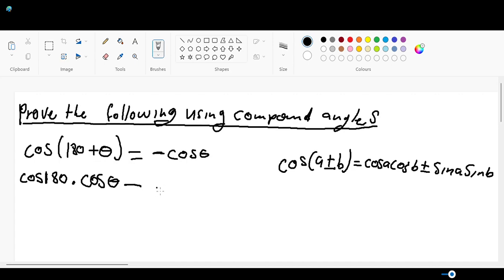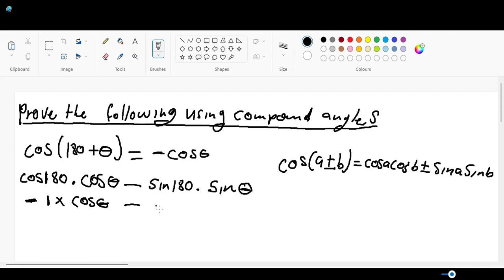Now if you continue, it's going to be sine A. Remember, A is 180, multiplied by sine B. Remember, B is theta. Now, if you put this on a calculator, what is cos 180? It gives you negative 1, multiplied by cos theta, minus.